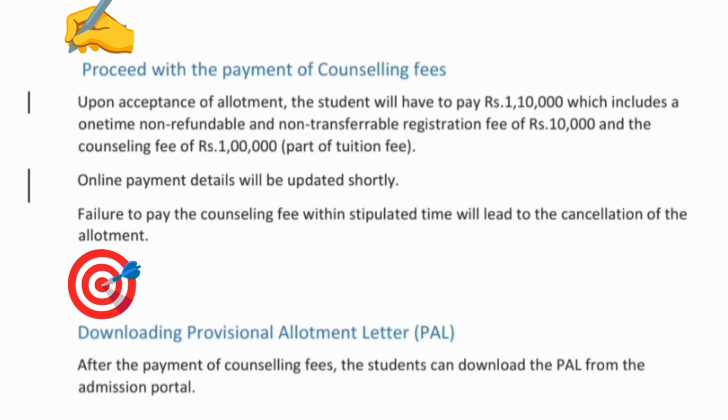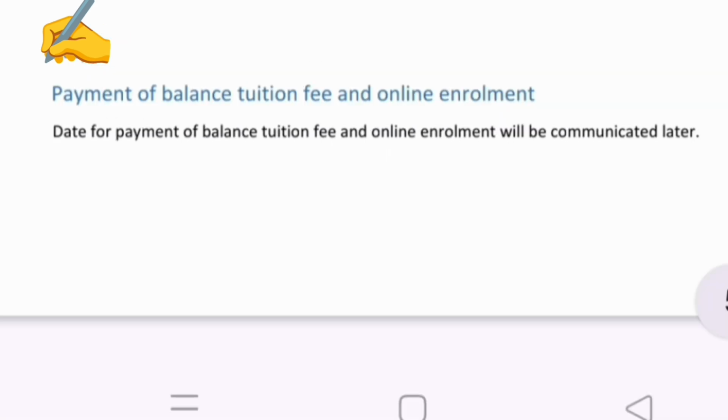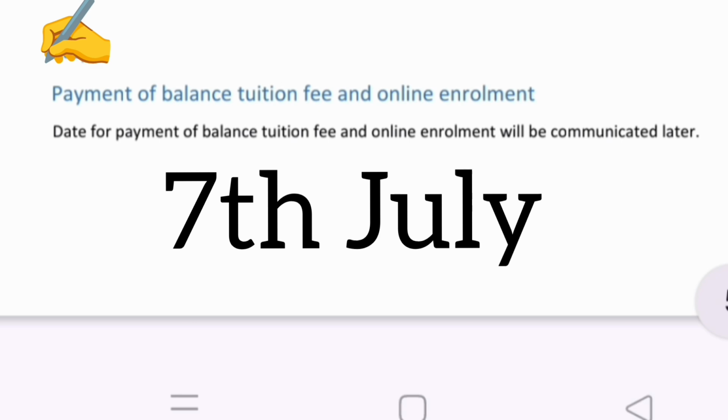So this is the first installment of the tuition fees, which is 1 lakh, plus 10,000 as registration fees, total 1,10,000. Failure to pay the counseling fees will result in the cancellation of the seat. After the full payment of the fees, you will be able to download the provisional allotment letter. Payment of the balance tuition fees again has to be done online, and 7th July is the last date to pay the complete fees of the seat allotted.